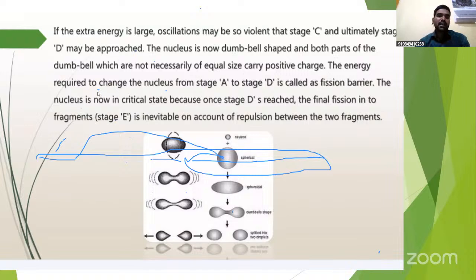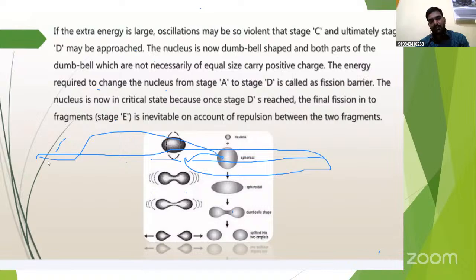The energy required to change the nucleus from stage A to stage D is called the fission barrier. The nucleus is now in a critical state because once stage D is reached, the final fission into fragments, stage E, is inevitable on account of repulsion between the fragments.